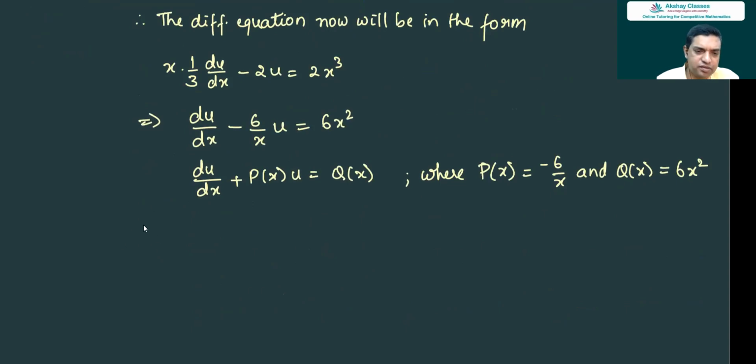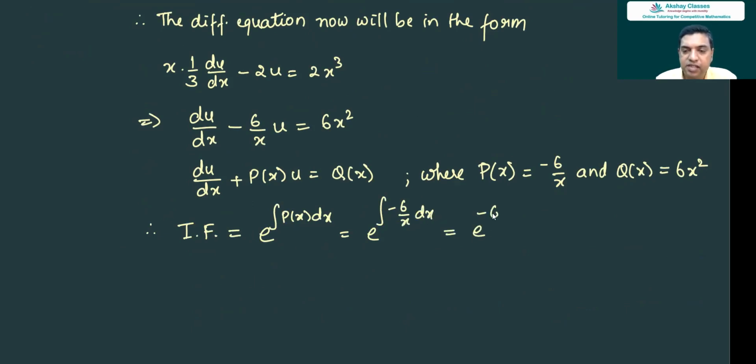Therefore, the solution: integrating factor is e power integral p of x dx, e power integral minus 6 upon x dx, which is e power minus 6 log x, which is e power log x to the power minus 6, which is x to the power minus 6. This is the integrating factor.